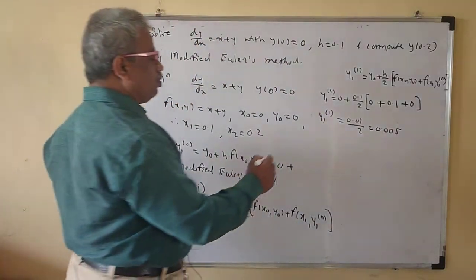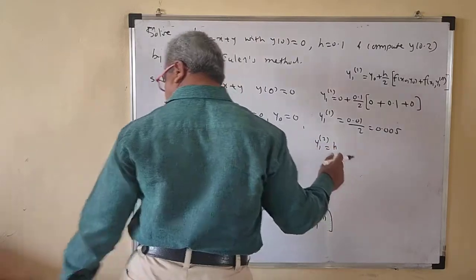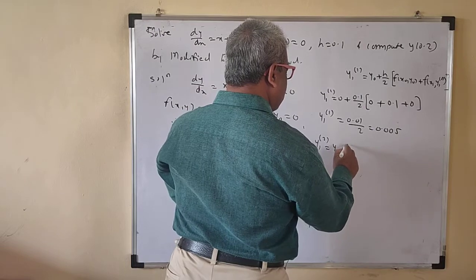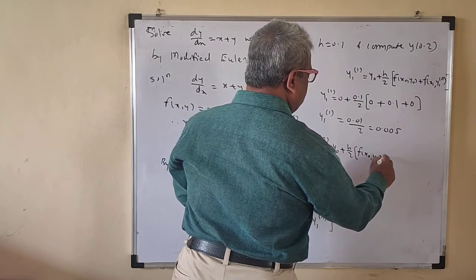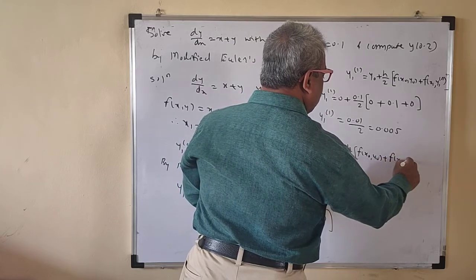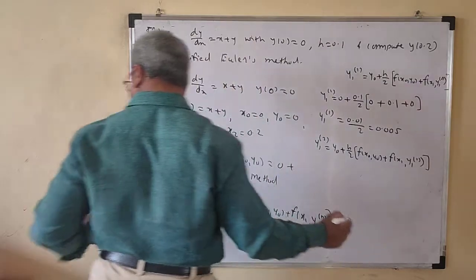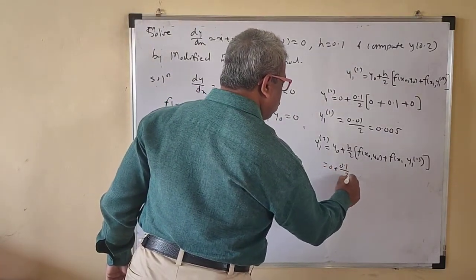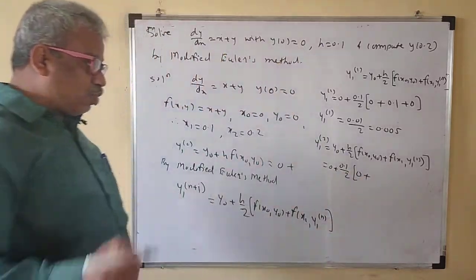Now we'll find y1 of 2. So y1 of 2 is equal to y naught plus h by 2 f of x naught y naught plus f of x1 y1 of 1. Okay, so now this is 0 plus 0.1 upon 2 f of x naught y naught is 0, plus x1.